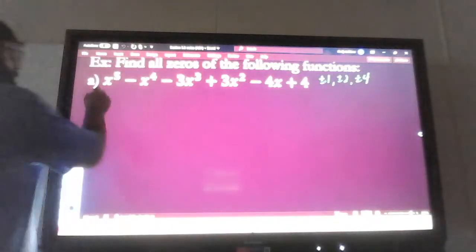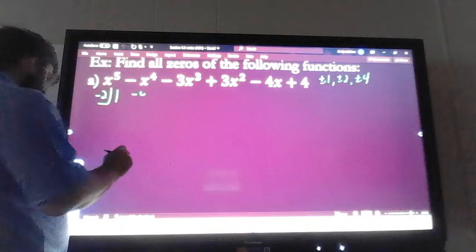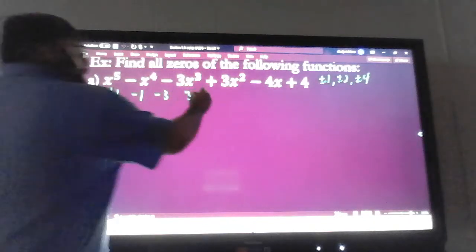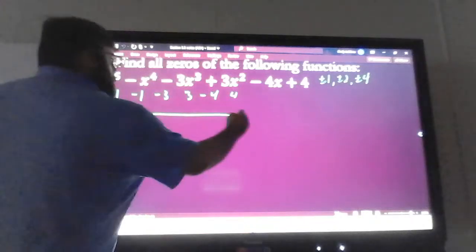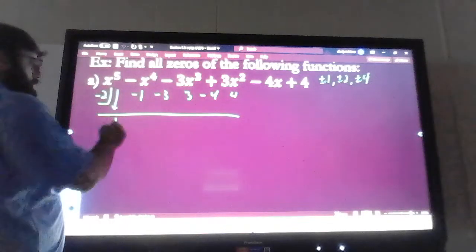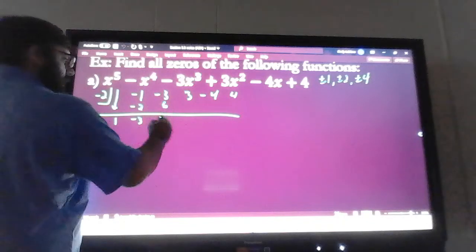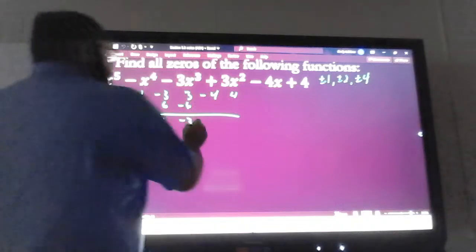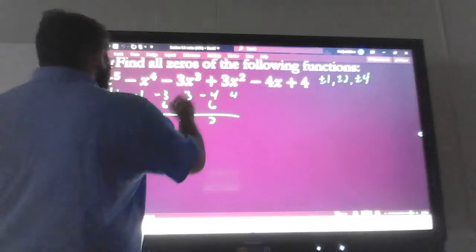All right, -2. Use synthetic division. 1, -1, sorry, -1, -3, +3, -4, +4. Draw this out and give yourself enough space. Multiply, add, multiply, add, multiply, add, multiply, add.